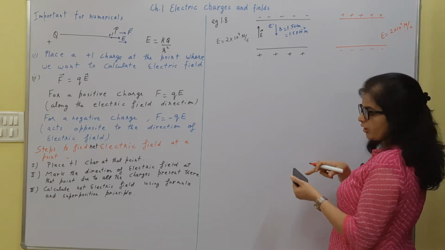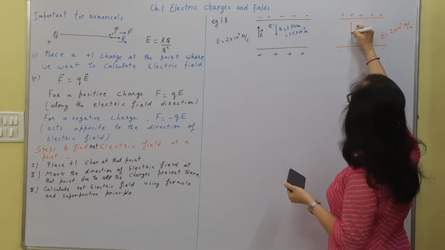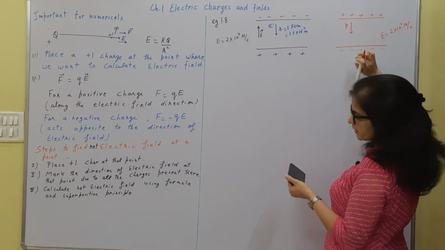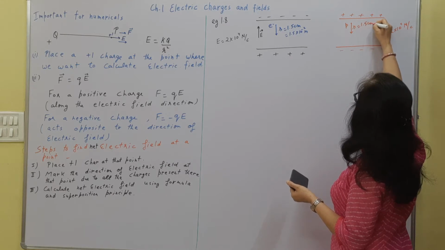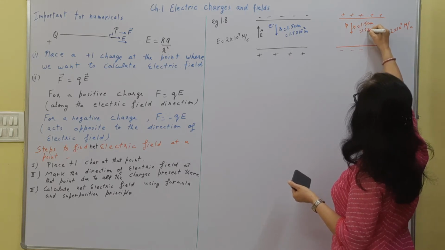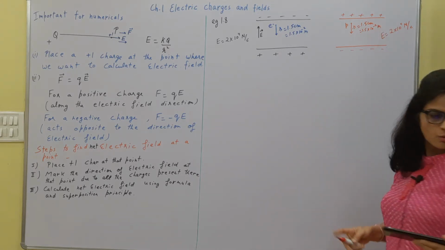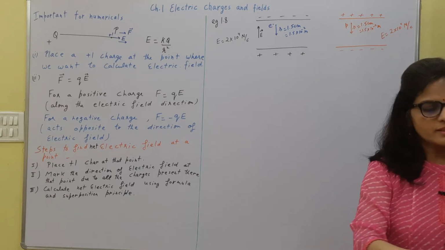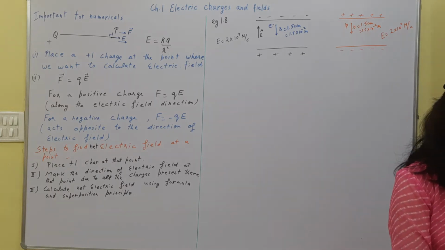A proton falls through the same distance. So now a proton falls through the same distance as is 1.5 centimeter. That means 1.5 into 10 to the power minus 2 meter. What is the charge on a proton? We know that the magnitude of the charge on the proton is same as that of electron.